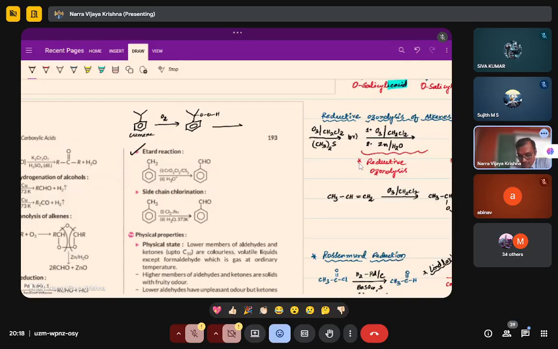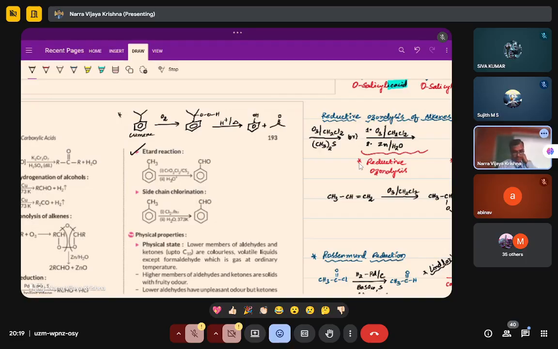Now this is hydrolyzed followed by heating, and you will get phenol plus acetone. Correct? Preparation of phenol from cumene. So instead of this, we have taken a methyl group there. This is also oxidation, but here I am not breaking the benzene carbon bond.